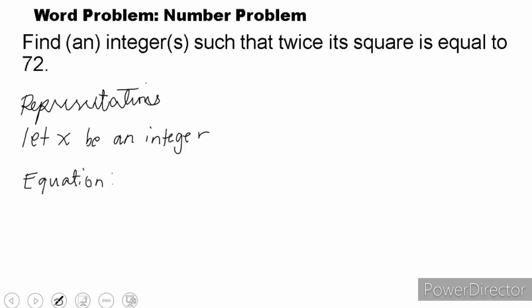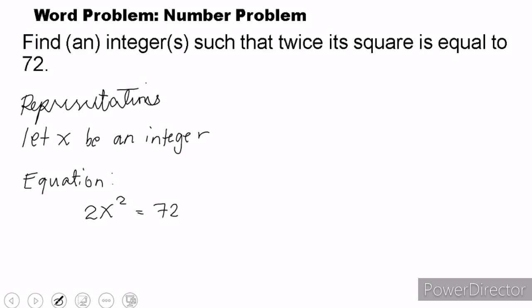Okay, so sabi natin kanina, we have to find the number na kapag kinuha natin yung square times 2, ang sagot ay 72. So sabi natin, kukunin natin yung twice nung number or integer, yung integer natin yung x, yung square nun must be equal to 72.